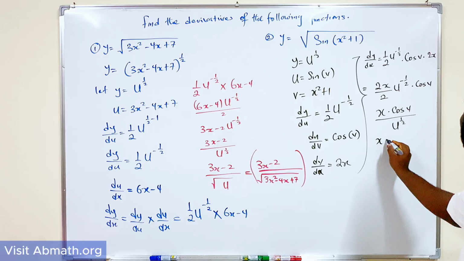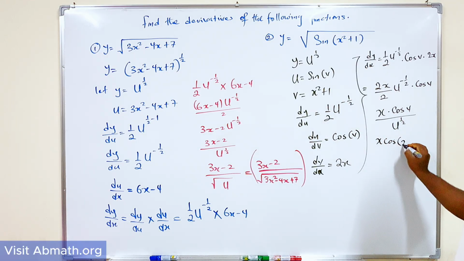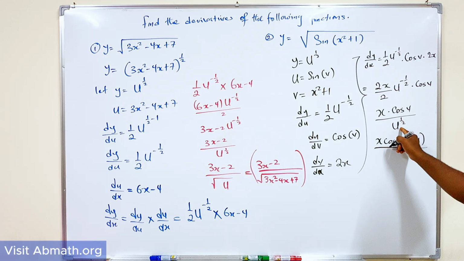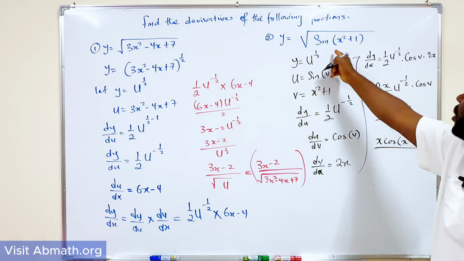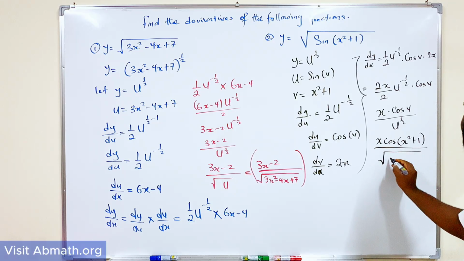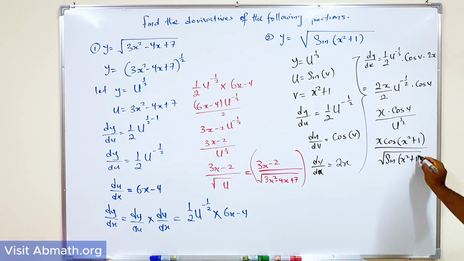So we now have x cos v, and what is v? v is x squared plus 1. Then over the square root of what is u? This will give us the square root of sine of x squared plus 1.